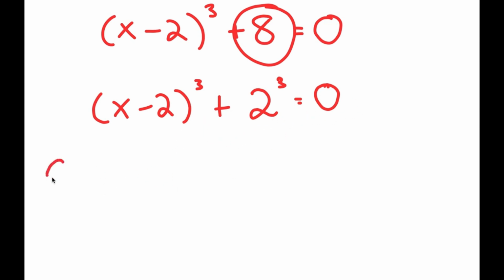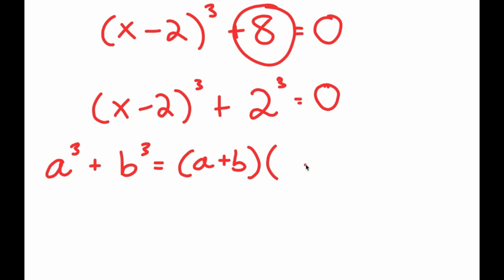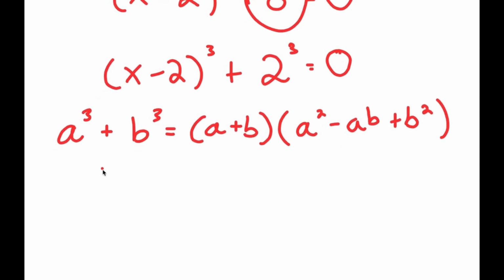And the reason I did that was because if I have something in the form a to the power of 3 plus b to the power of 3, this is equal to (a plus b) times (a squared minus ab plus b squared). So in this case, a is equal to x minus 2 and b is equal to 2.